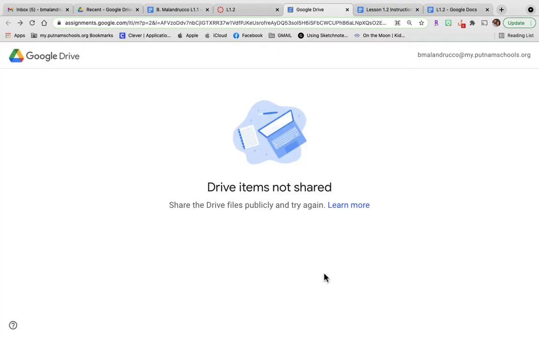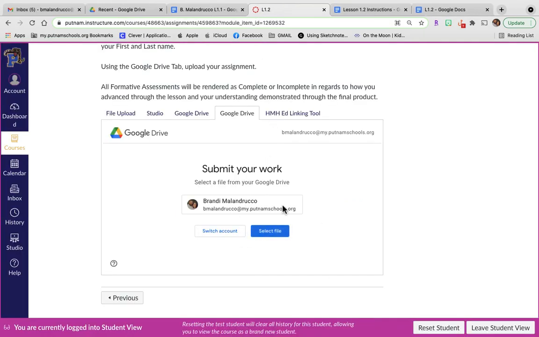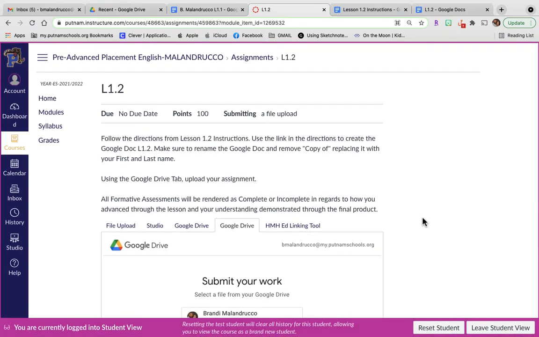I can double click. Don't know why. It should probably work for you. It's not working. Remember, I'm under a test student and it's not really linked to my email all the time, so we're just going to pass that. But you get the gist of it. So that's 1.2, and be ready for 1.3 either Tuesday and or definitely Wednesday. And I am looking to be done with 1.5 by Friday at least.